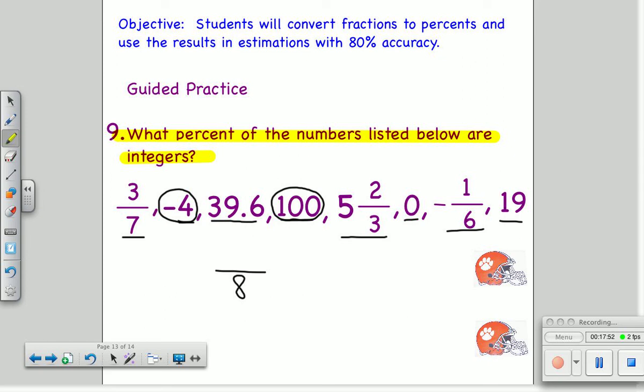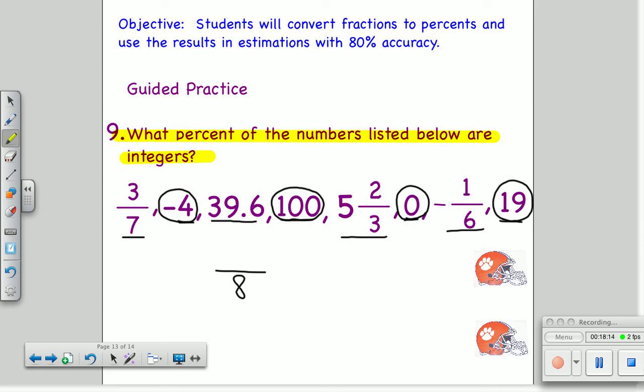So I'm not going to circle that. 0 is an integer. Circle that. -1/6 is a rational number, not an integer. And 19 is an integer. So my integers here are -4, 100, 0, and 19.